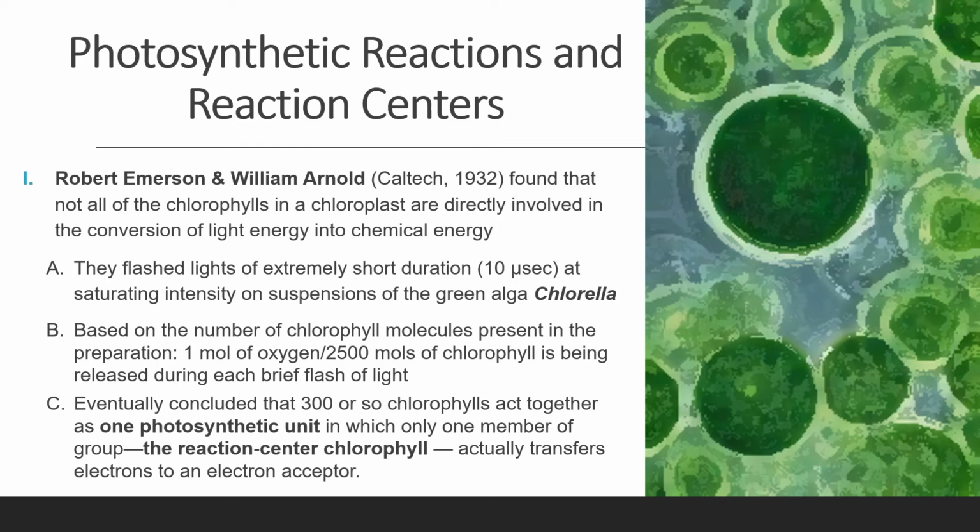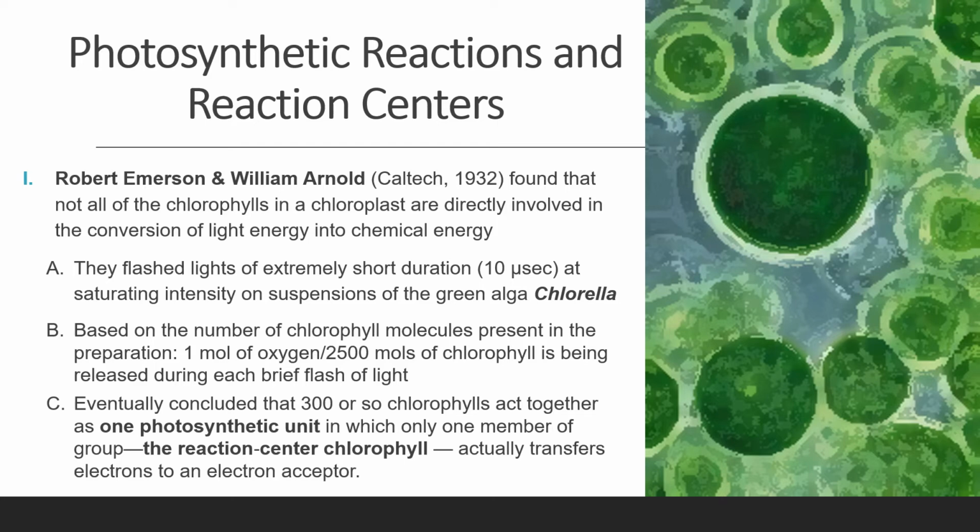Their experiment actually used suspensions of the green alga Chlorella and flashing lights of extremely short durations, around 10 microseconds, at saturating intensity, and they determined the minimum amount of light needed to produce maximal oxygen production during photosynthesis.